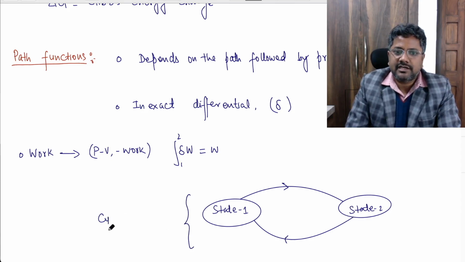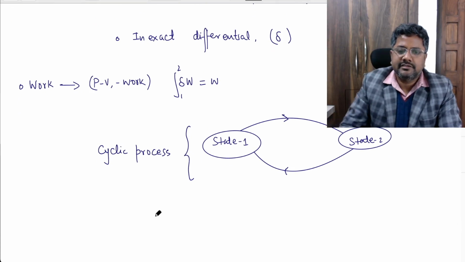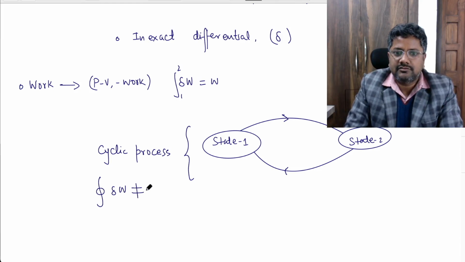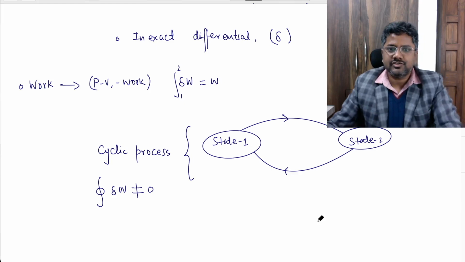So in a cyclic process, the cyclic integral of δW is not equal to 0, right?